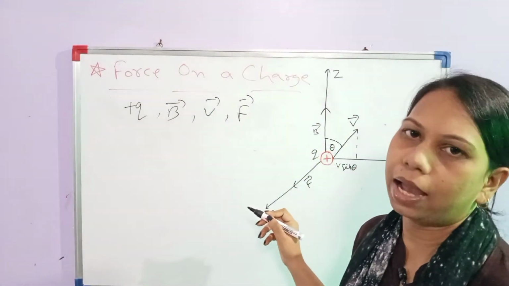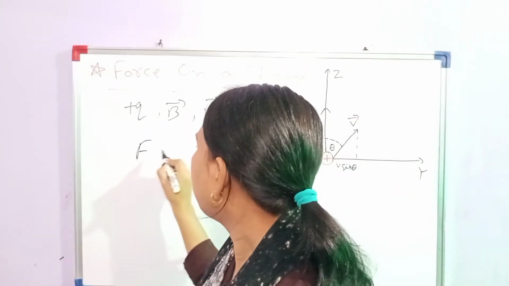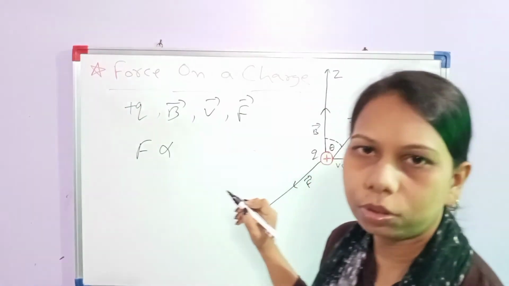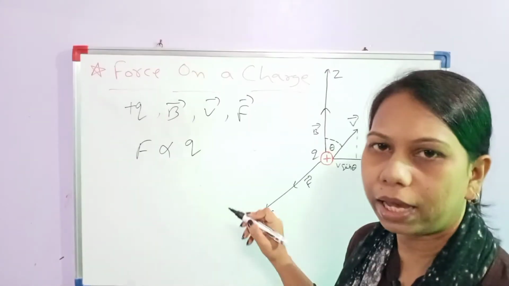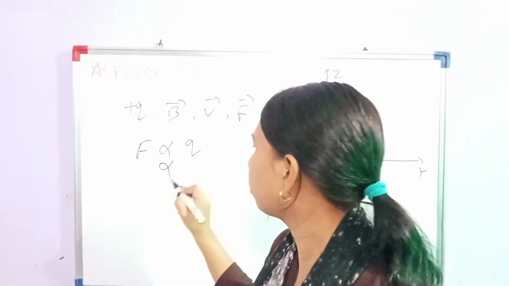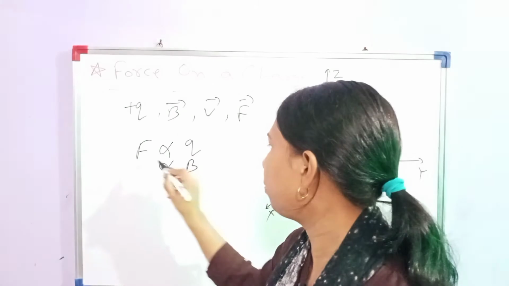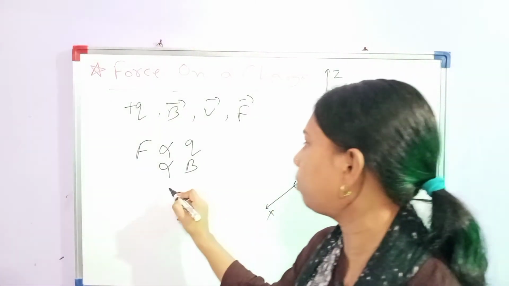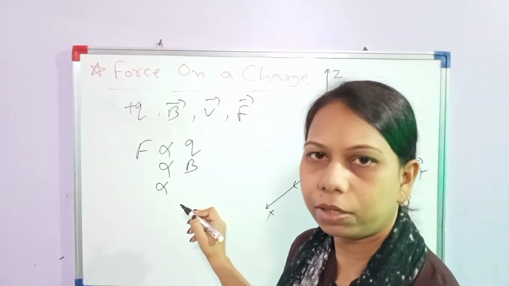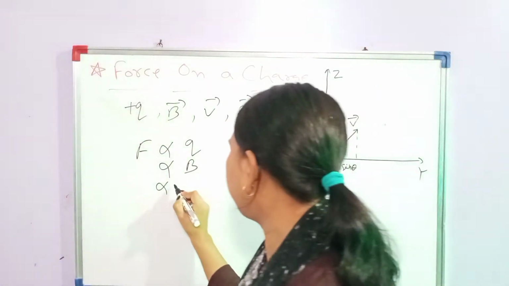It is found that the magnitude of force is directly proportional to the magnitude of charge Q, also directly proportional to the strength of magnetic field B, also directly proportional to V, and also directly proportional to the perpendicular component of velocity, that is V sin theta.